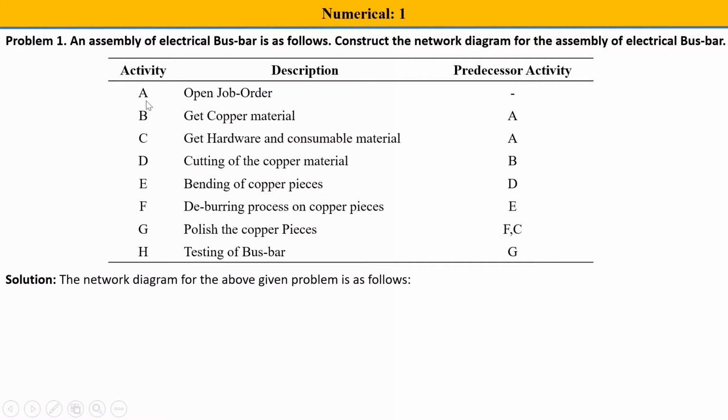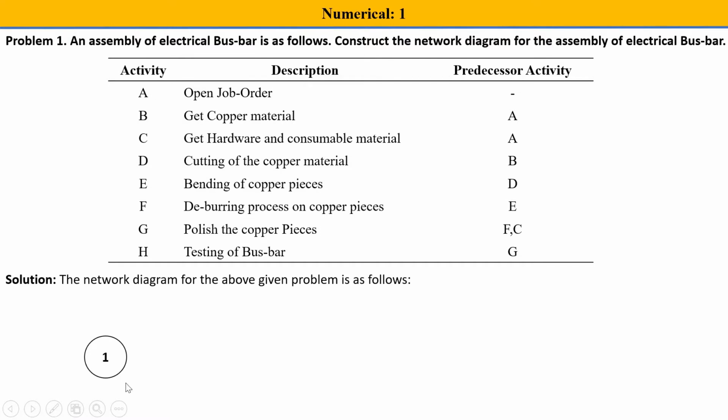For example, over here activity A has a predecessor slash, which means there is no activity before A. A is going to be the first activity. So if we start our network diagram, first you have to draw an event, that is time. For example, open job order is given at 10 AM, so this node will give a time.